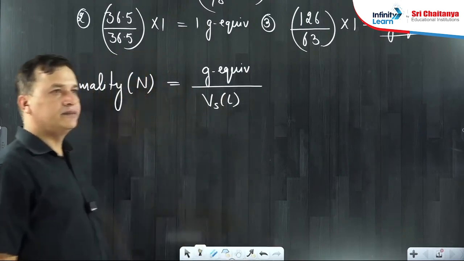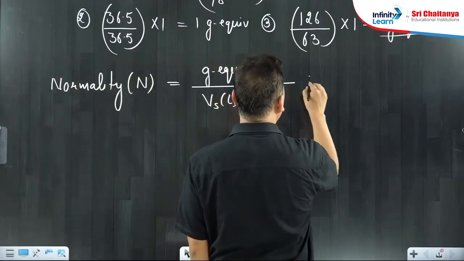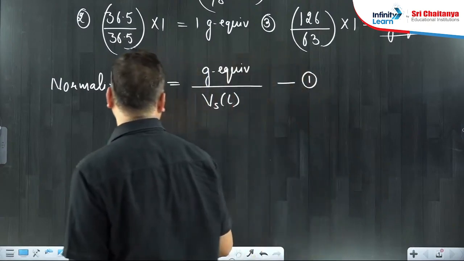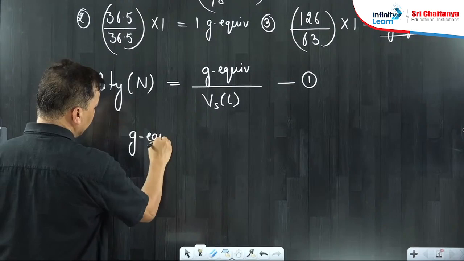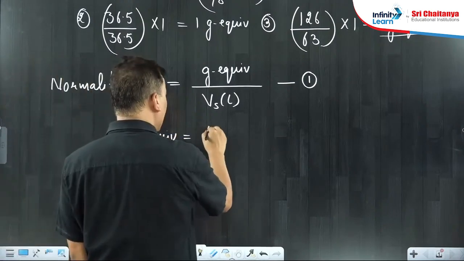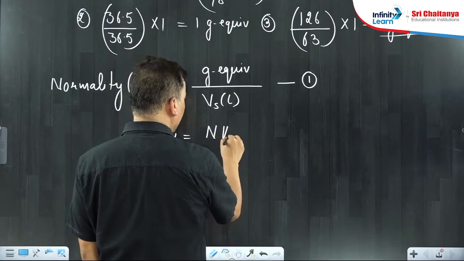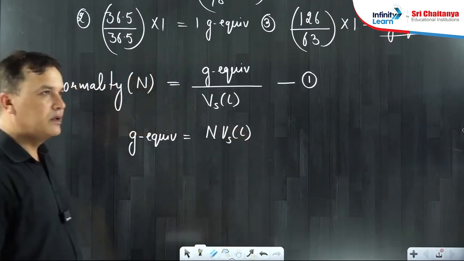That is the definition. Am I clear or not? So if we have to find the number of gram equivalents of solute in the given solution, that is its normality into the volume of solution in liters. You got it or not?